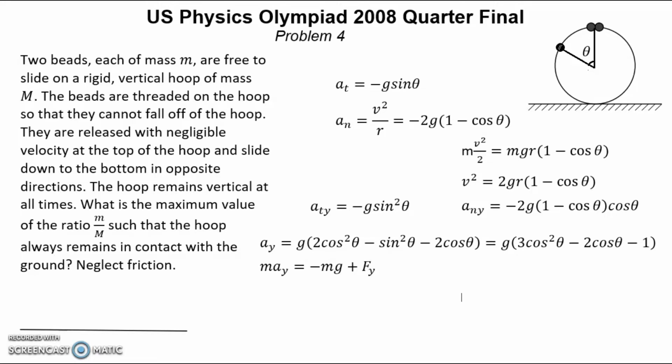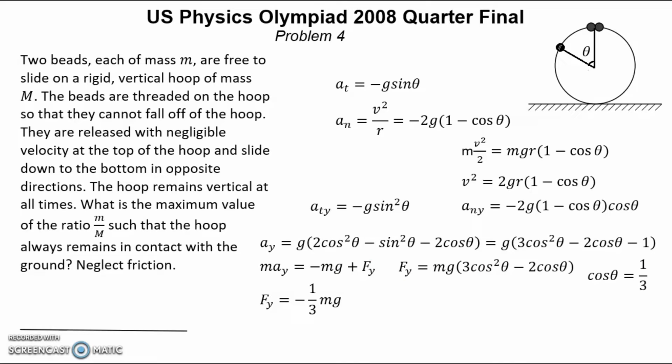So from here we can immediately find the vertical force from the hoop. That will be this one. And now we can count what is the maximum for this force. The maximum we can reach is for the angle with cosine theta equal to 1 over 3. So it means that force F_y equals negative 1/3 mg.